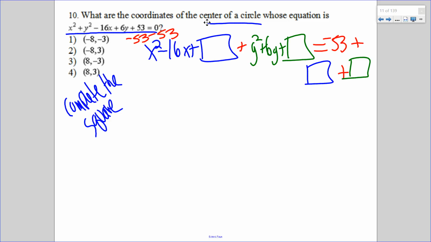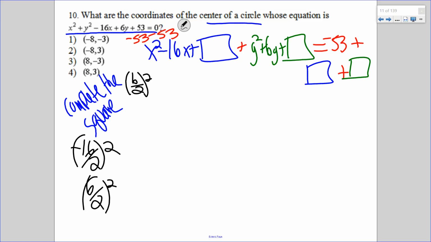To determine what goes inside the square, it's b over 2 squared. So it's negative 16 over 2 squared, and it's 6 over 2 squared. Negative 16 over 2 is negative 8 squared is 64. 6 over 2 is 3 squared is 9. So I have 64 and 9.